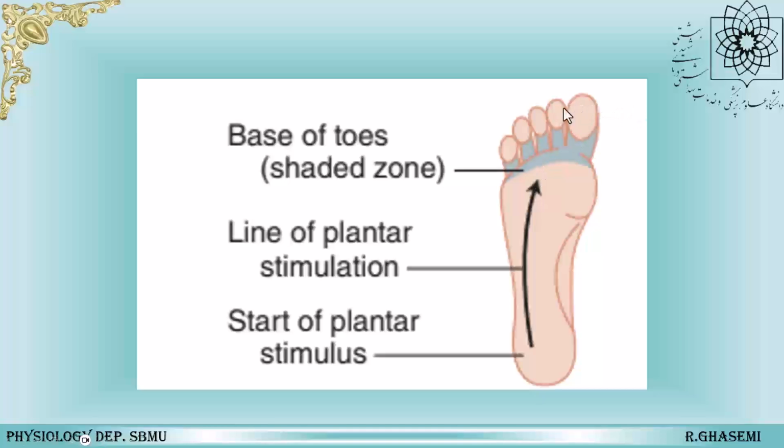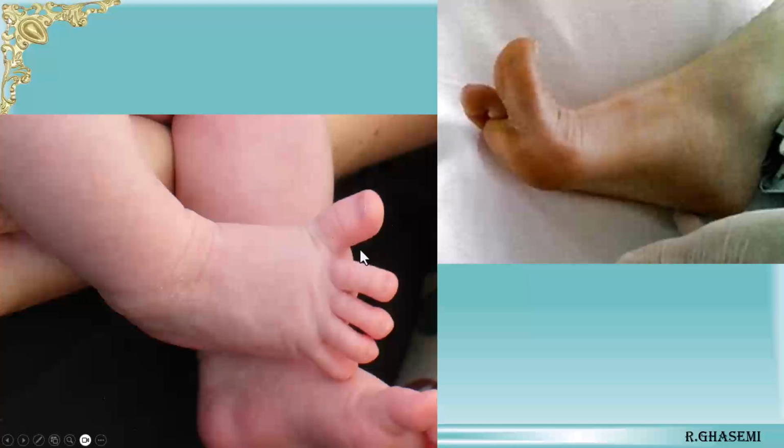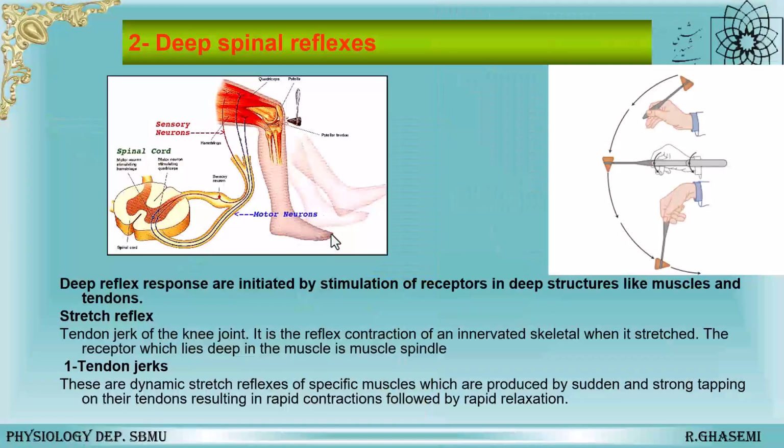We expect that all toes should be contracted together, but there is a pathological sign named the Babinski positive sign, where the toes are opened like this, and you see that the toes are separating from each other. This is a Babinski positive sign that is pathological, unless in infants, because the pathway is not completed yet, this sign is normal, but in the adult it is not normal.